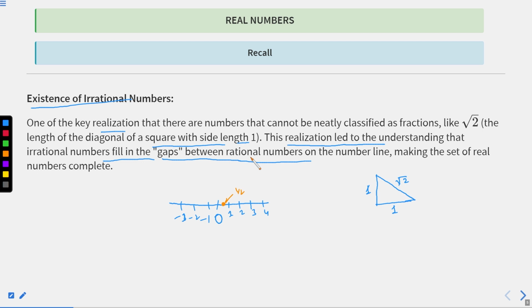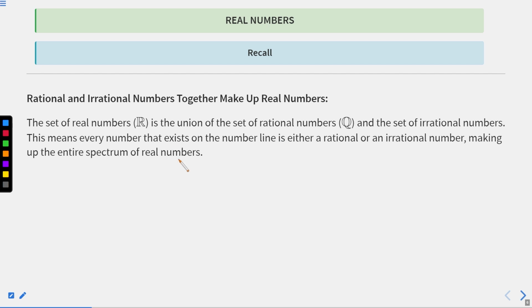Now we'll discuss real numbers. Rational numbers and irrational numbers together make up real numbers.